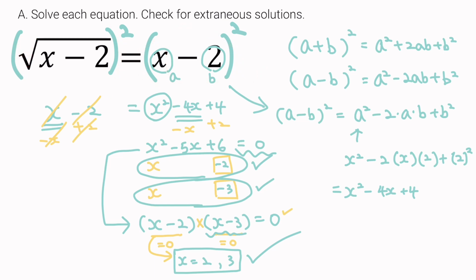And then you also needed to know how to deal with a quadratic equation, coming up with two numbers that when multiplied give me positive 6, and when added together give me negative 5. So as long as you knew those two concepts, you could successfully reach the correct final answer, which is x is equal to 2 or 3.